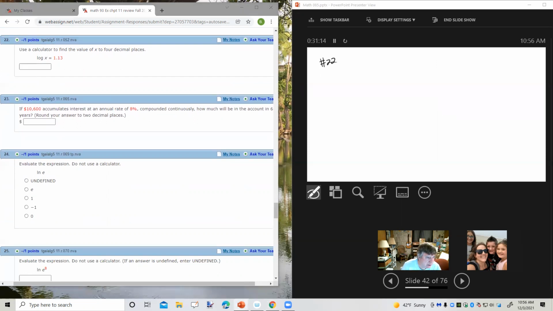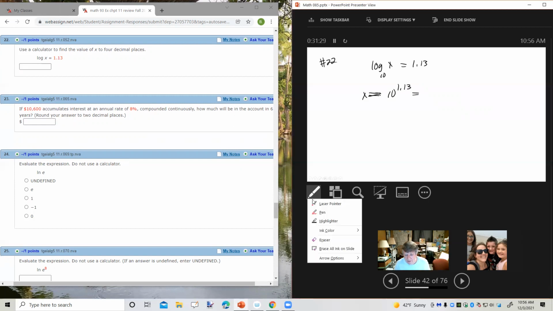22, use a calculator to find the value of x to 4 decimal places. Log of x equals 1.13. This is log base 10. So 10 to the 1.13 equals x.